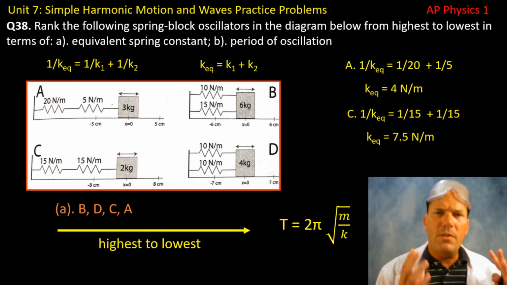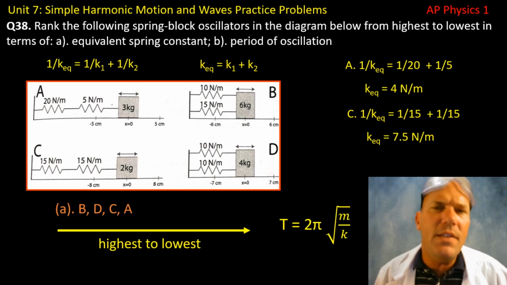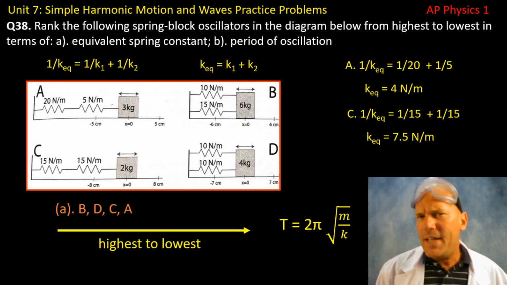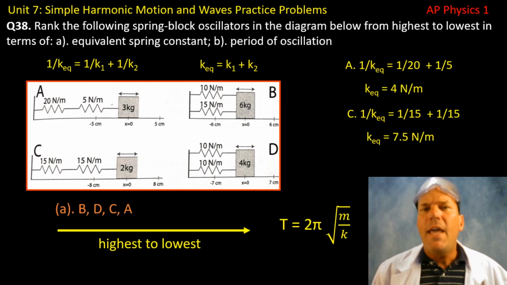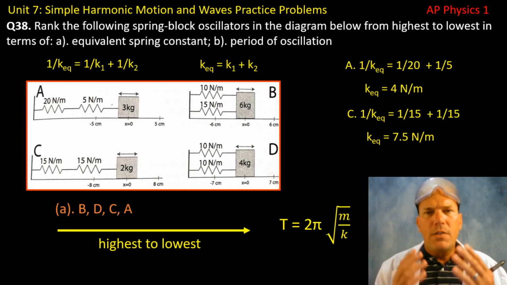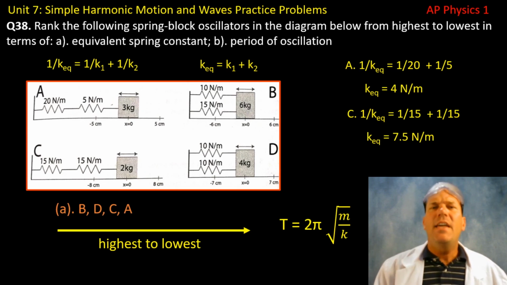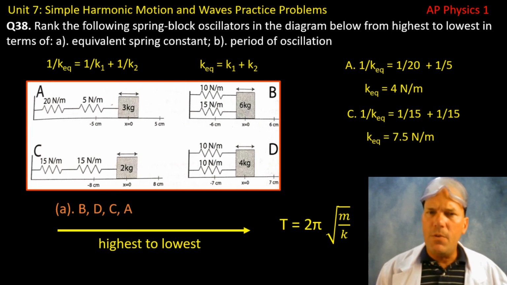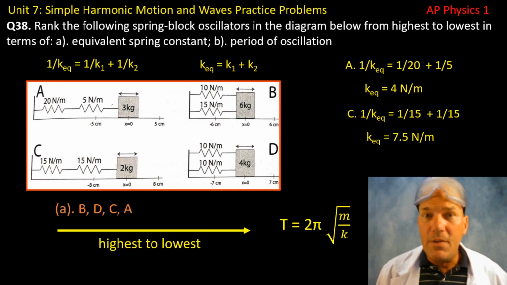Please note that when we look at the period and the spring constant in this equation, the spring constant K is both in the denominator and under the radical. So in other words, we can say that as K goes up or increases, the period of oscillation goes down or decreases.